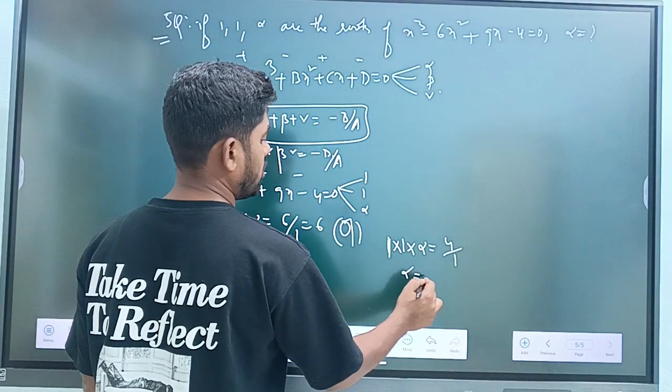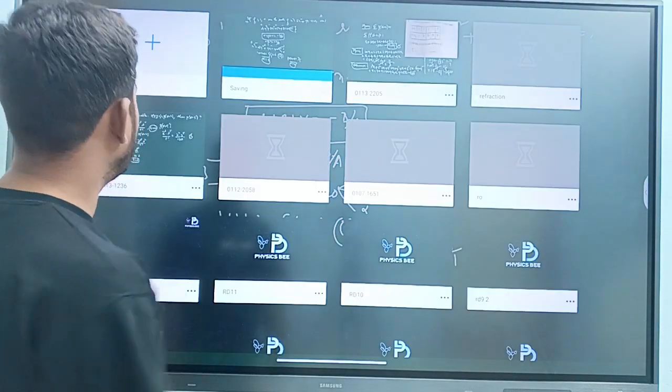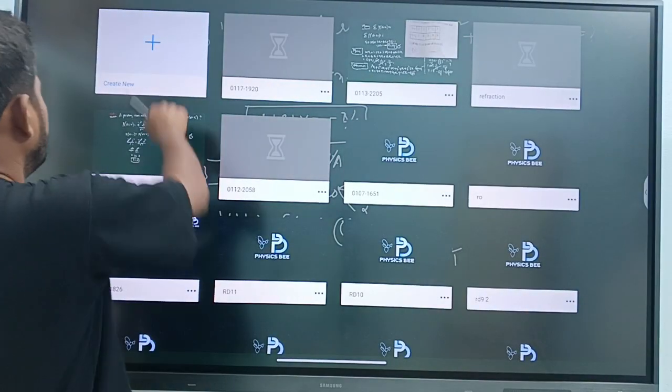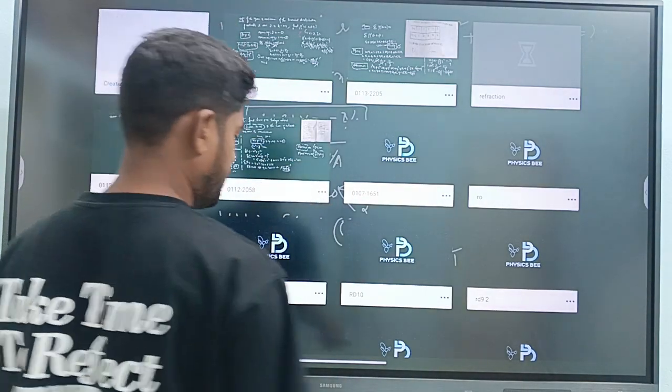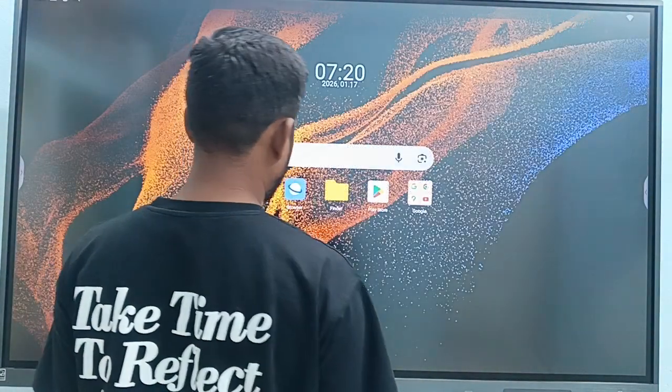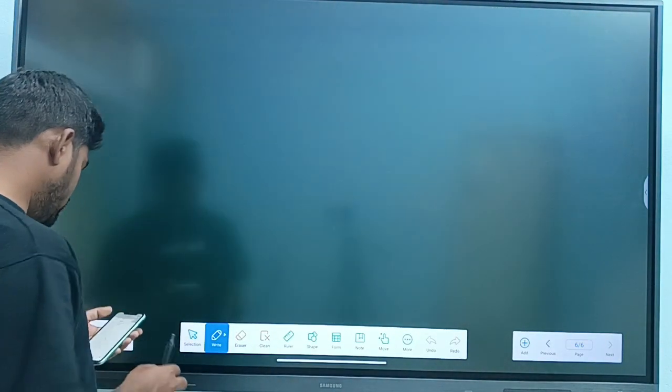So alpha is what? So this no marks is the simple question. Right. So this is what fifth question.